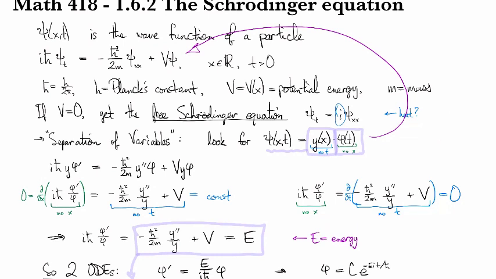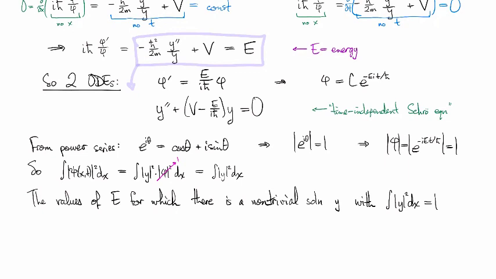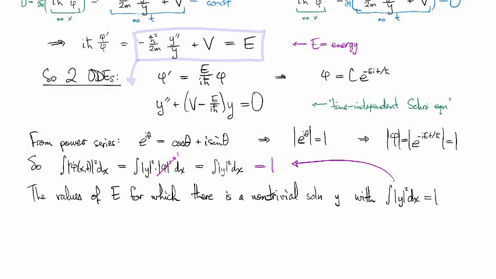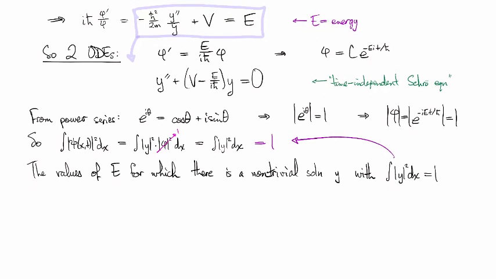Oh, that was on the previous slide. The constraint from before that the integral be equal to 1. So we need the integral of y squared to be equal to 1, so that we have that psi squared has modulus equal to 1 and is a bona fide probability distribution.